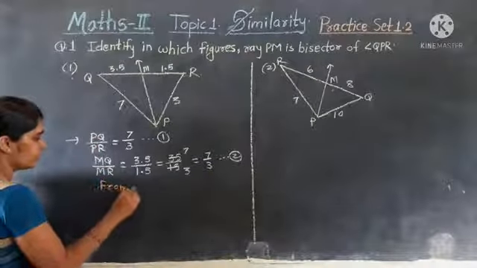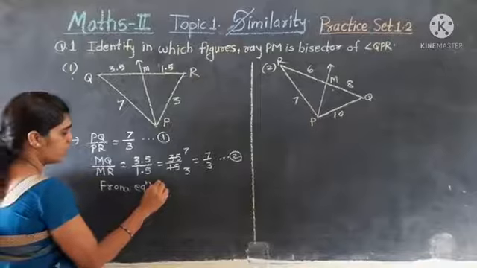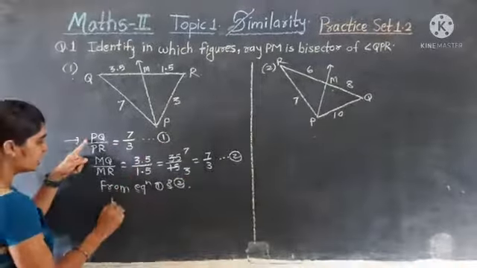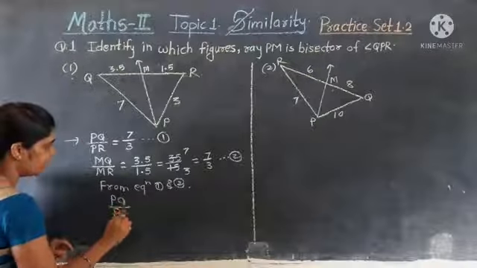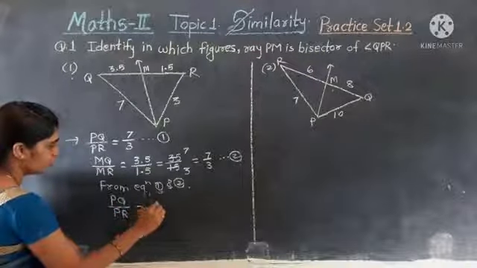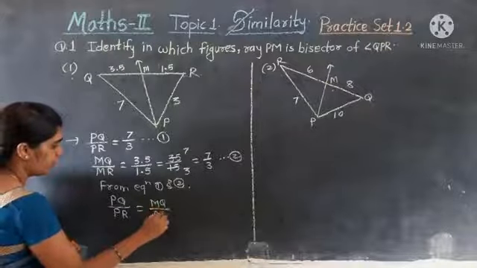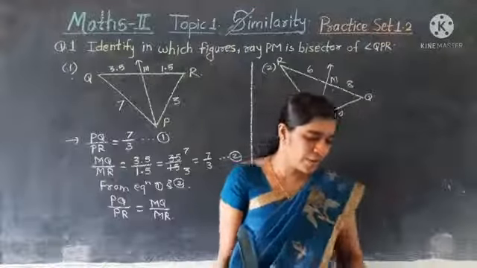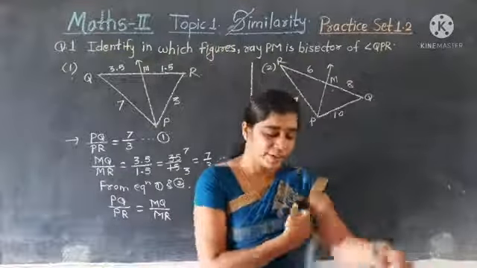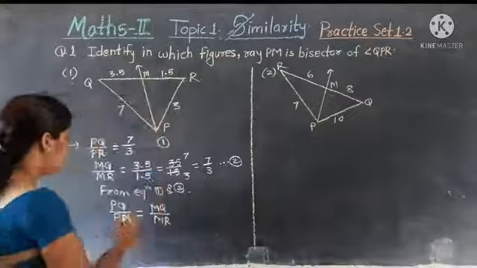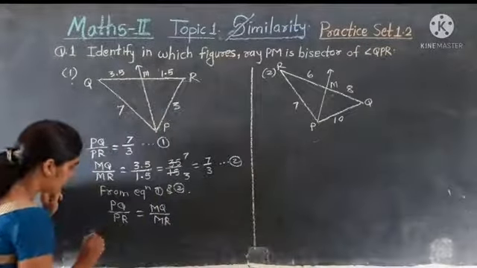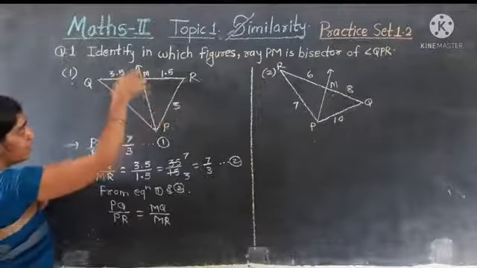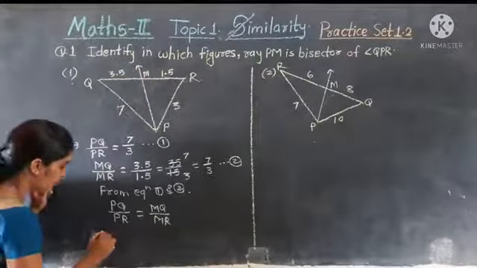From equations 1 and 2, you observe that both these ratios are the same, that is PQ upon PR is equal to MQ upon MR. So by the converse of the angle bisector theorem, PQ upon PR is equal to MQ upon MR. These both ratios are the same.